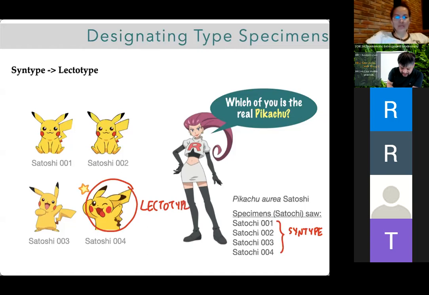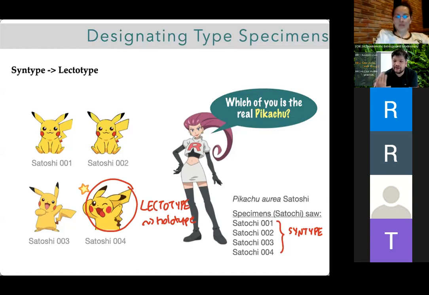So now you function as the holotype for the Pikachu species. Even though it acts as a holotype, now a reference for all the Pikachu species, it's gonna be stuck forever as lectotype, because Satoshi, or Ash, did not pick that, Jessie picked one instead. It's a newly selected one to replace the old one. So in this case, it's selected from the syntypes.